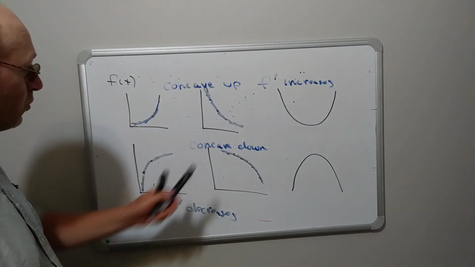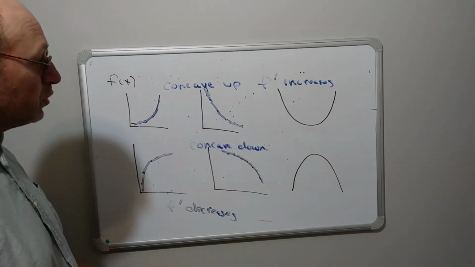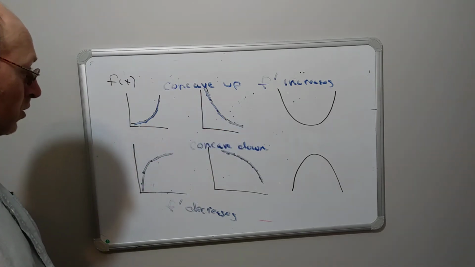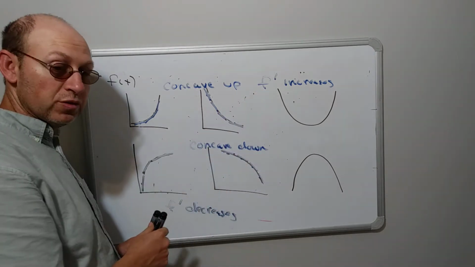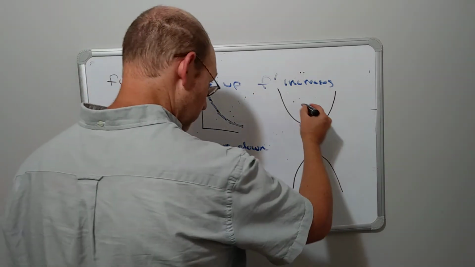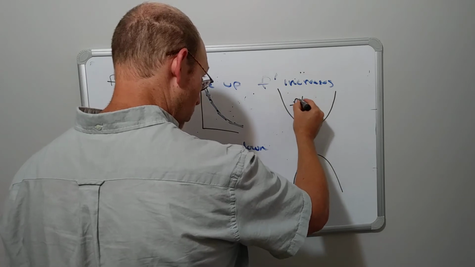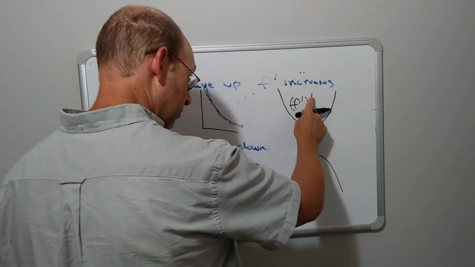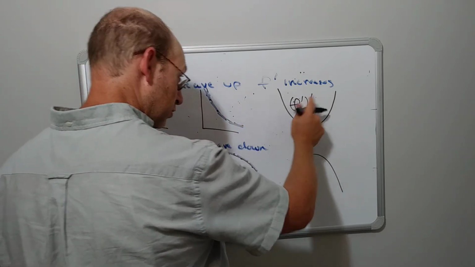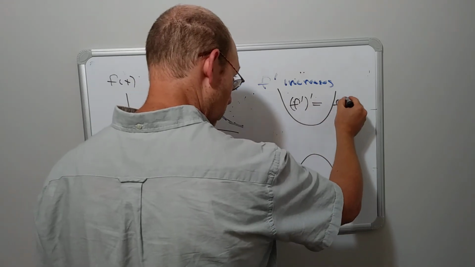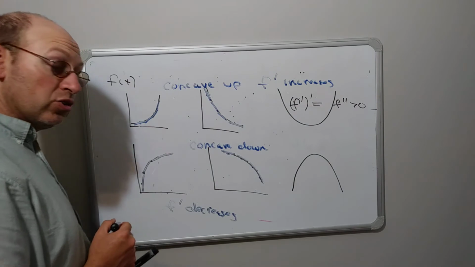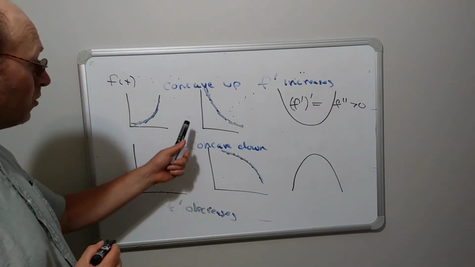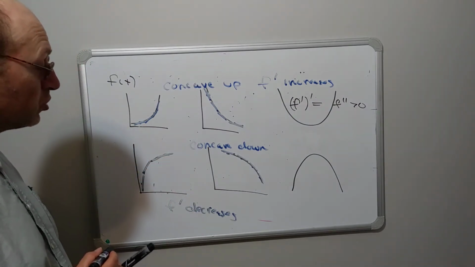So if the first derivative increases, that means the derivative of the derivative is positive, right? So that means f prime, the derivative of the derivative, which is f double prime, is greater than 0. So when the second derivative is positive, the function increases.